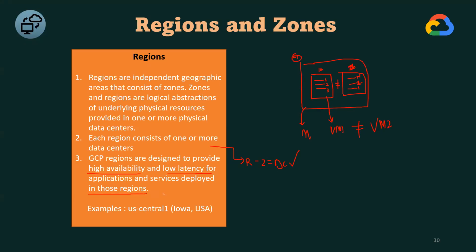As I was telling you, this is our main agenda: Google Cloud Platform provides regions and zones near your premises so that application deployment will be fast, network latency will be very low, and availability of the application to end users will be very high. That is the reason the concept came into the picture. One example of a region is US Central 1.